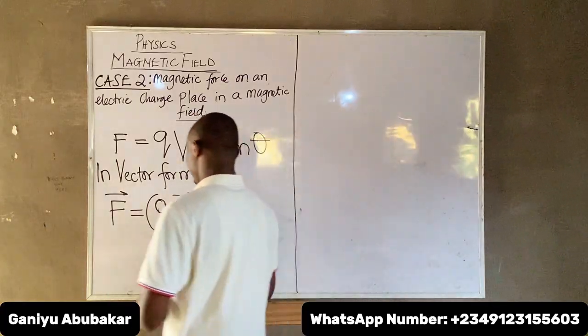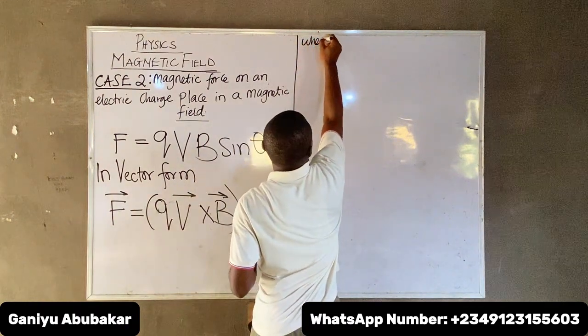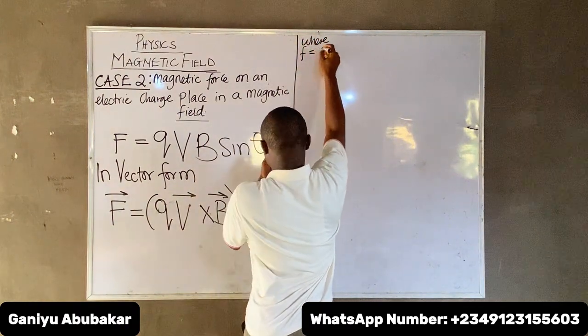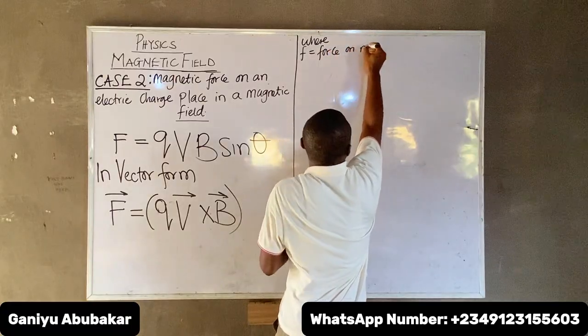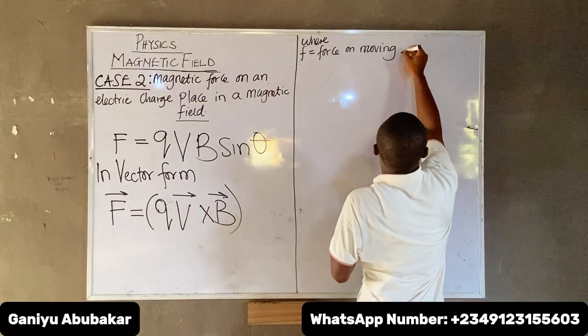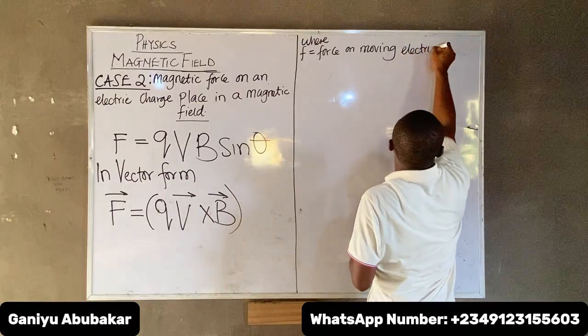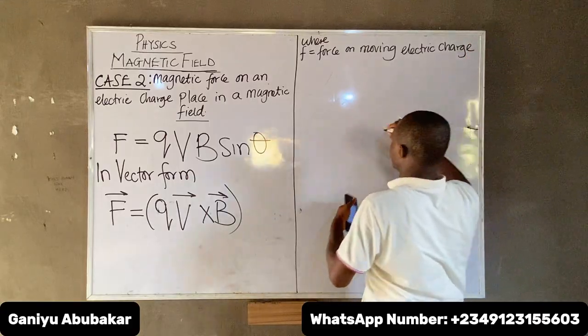Let's define the terms. F is called the force on a moving electric charge, of course in Newton.